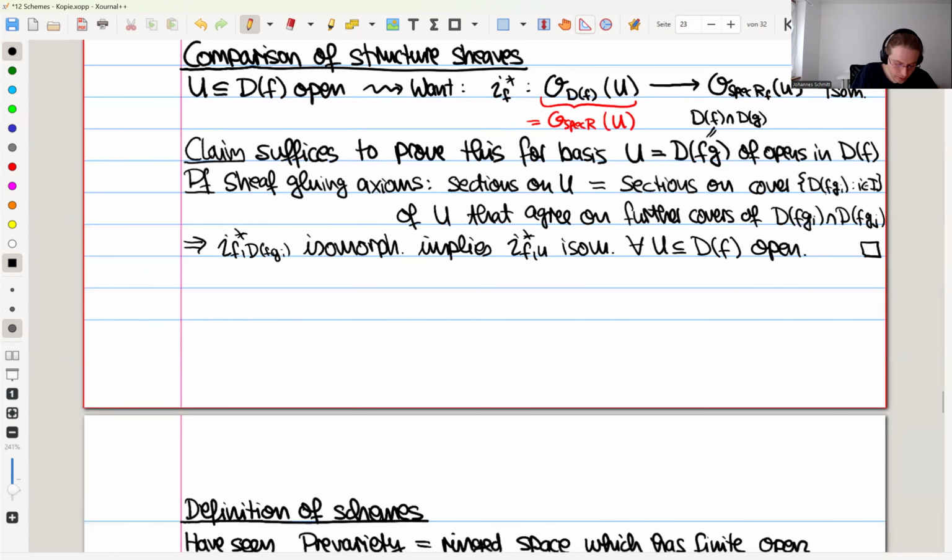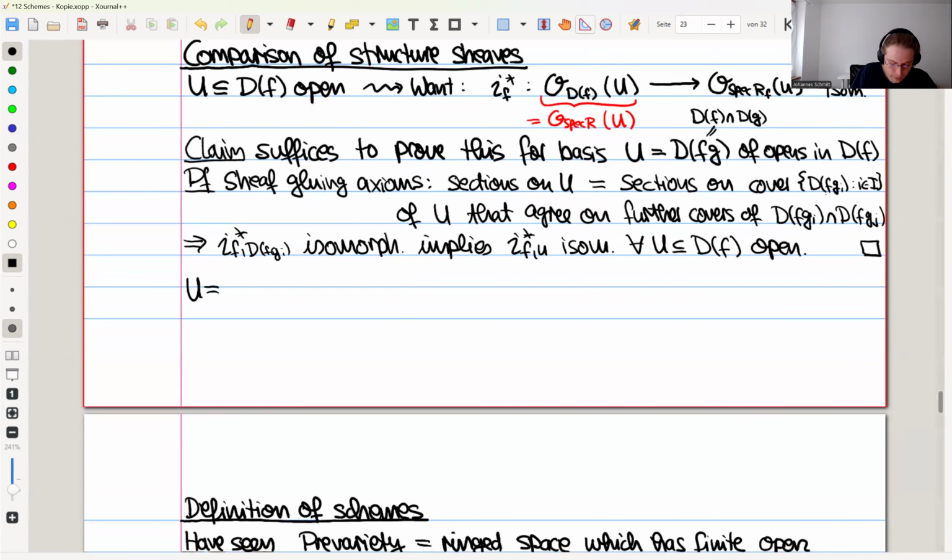And then, with this little argument, we can restrict to such a U. And then there are these two different ways to compute the regular functions on there.